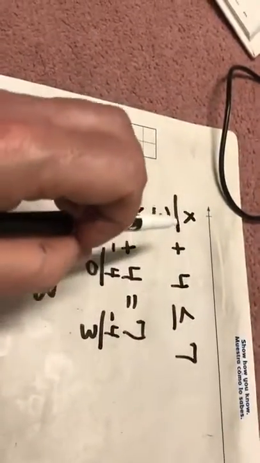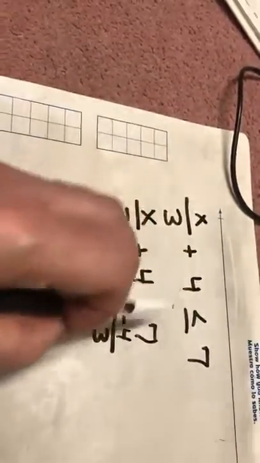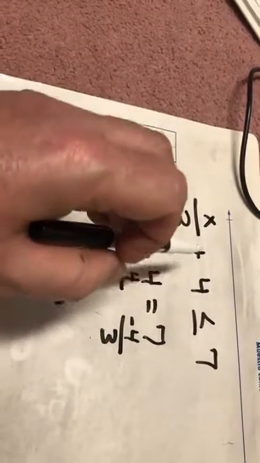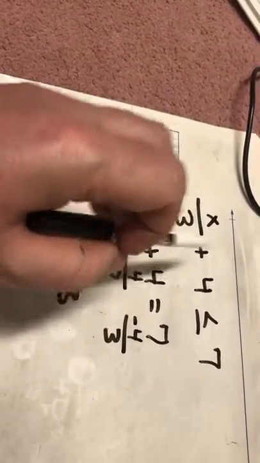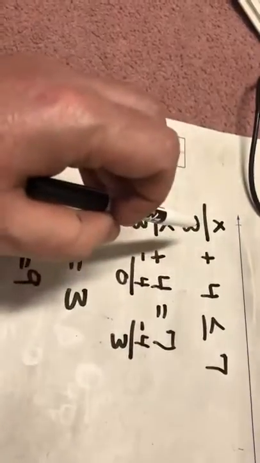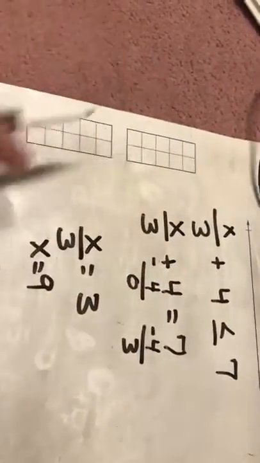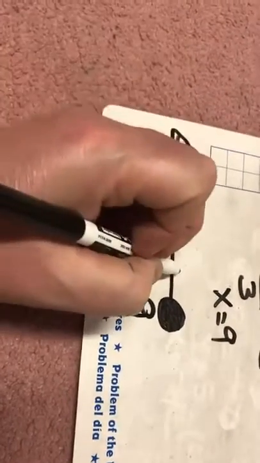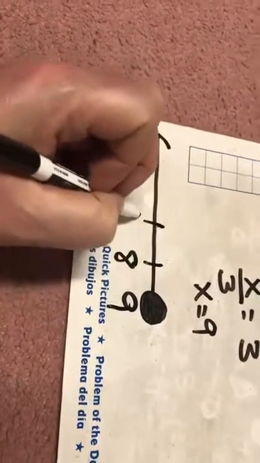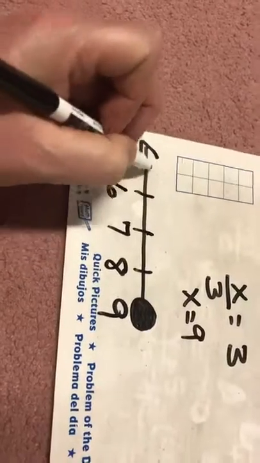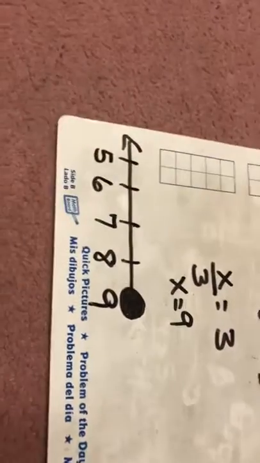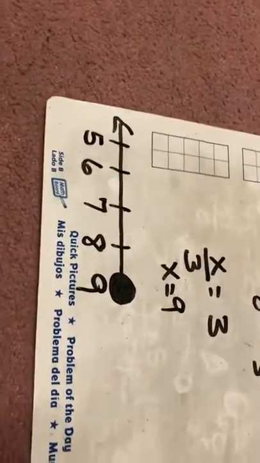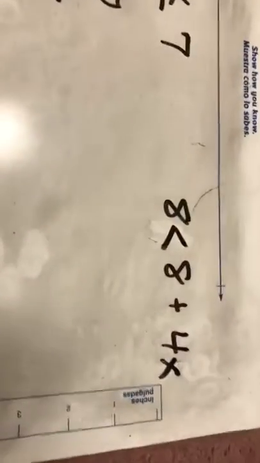The x is on the smaller side of the inequality because this is less than or equal to 7, so my numbers are going to get smaller. That tells me that my graph is going to go left, and that's going to go 9, 8, 7, 6, 5, and so forth. But you just need to put the 5 numbers. That's fine. All right, we got 4 examples we're going to look at.